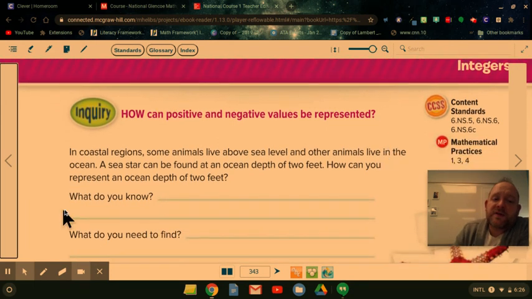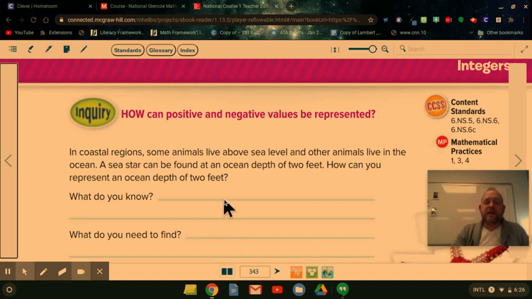So first thing to think through: what do you know about how people represent the depth of oceans? What do you know about numbers that might help you with how you might represent an ocean depth of 2 feet? Go ahead and type your answer in, nice long sentences in the little box to the right.